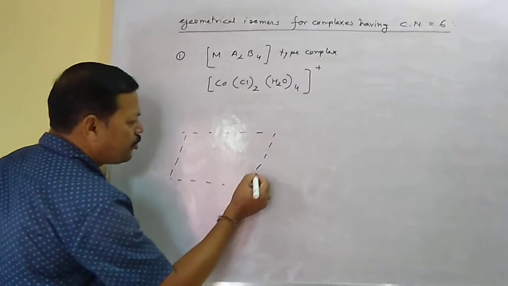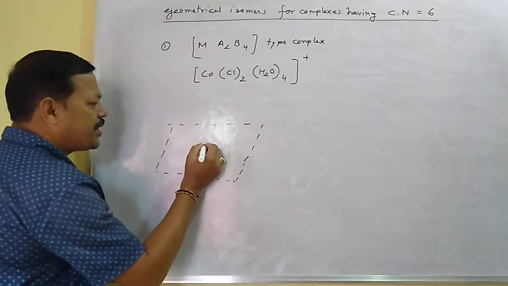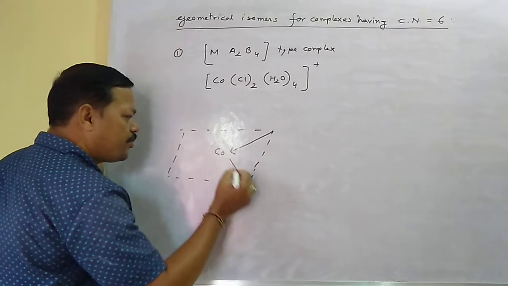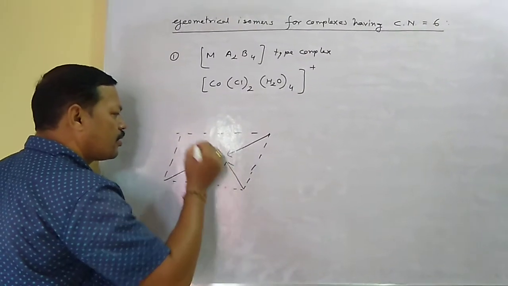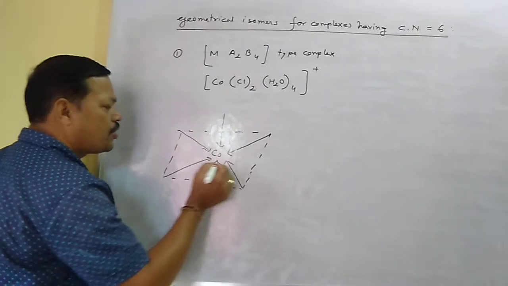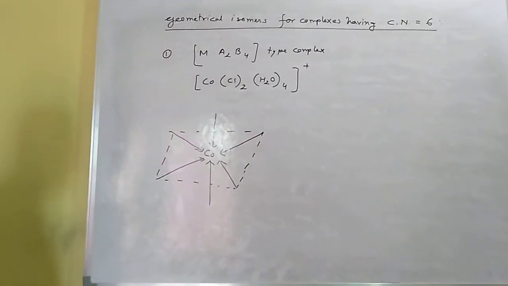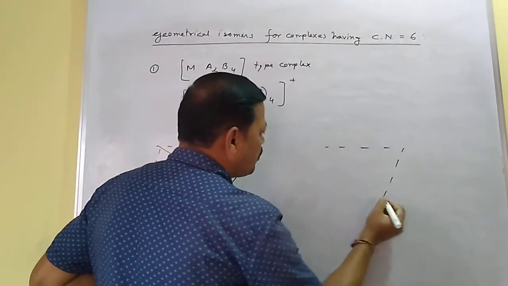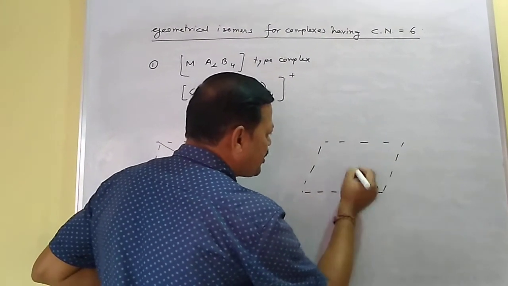So if you want to draw cis-trans isomer, the octahedral shape will be like this. At the center, cobalt will be present. One bond from this side, another from this side, another this side, one from upward side, one from downward side. This shape is called octahedral shape. I will draw another one to show you the cis and trans.